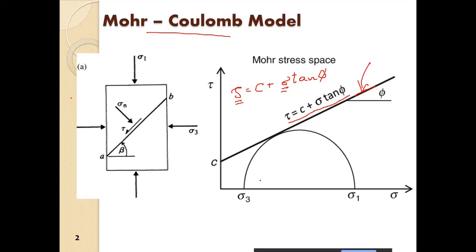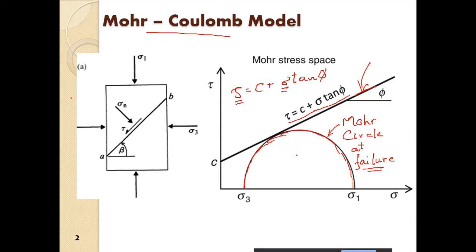And we have the Mohr circle. This is the Mohr circle at failure condition. What do we mean by failure condition? We will see as we proceed.